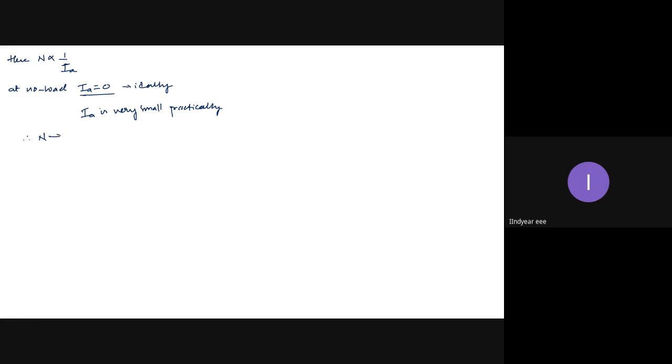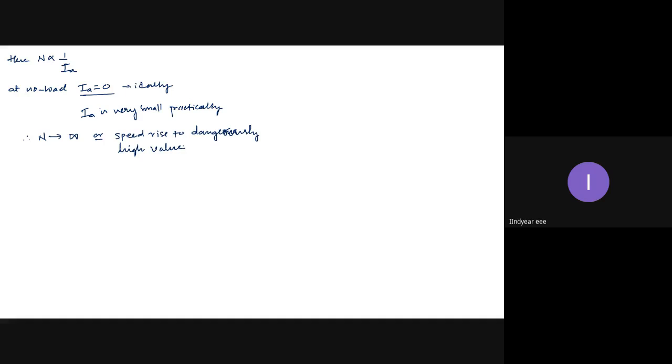Therefore, speed tends to increase to infinity, or speed rises to a dangerously high value. Now you may ask, what is the problem if speed is very large?